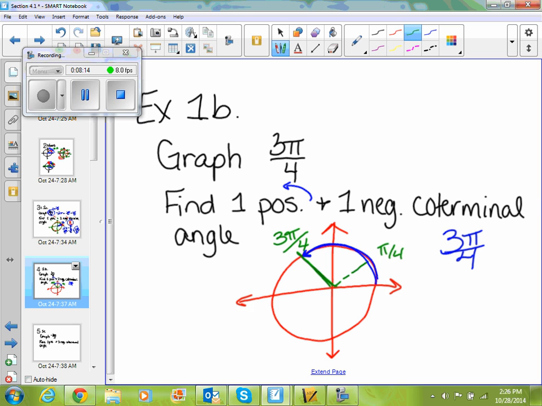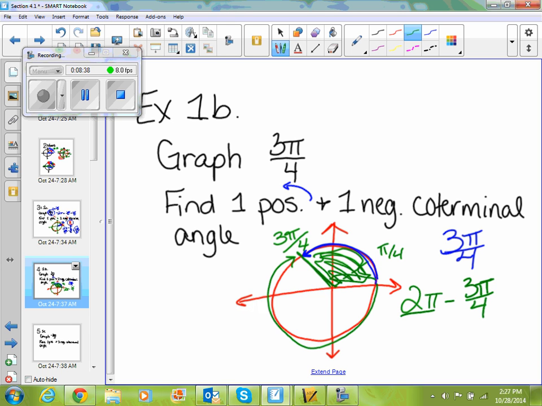To find my negative angle, I have to start on my x-axis, and I have to go backwards. I know that the distance all the way around the circle is 2 pi, but I'm not doing anything with this section, so I'm taking 2 pi minus 3 pi over 4.